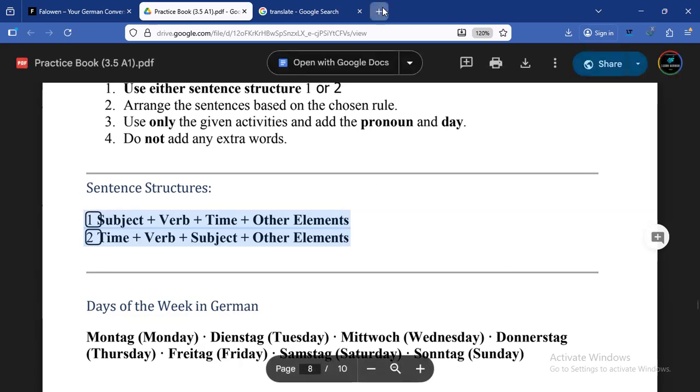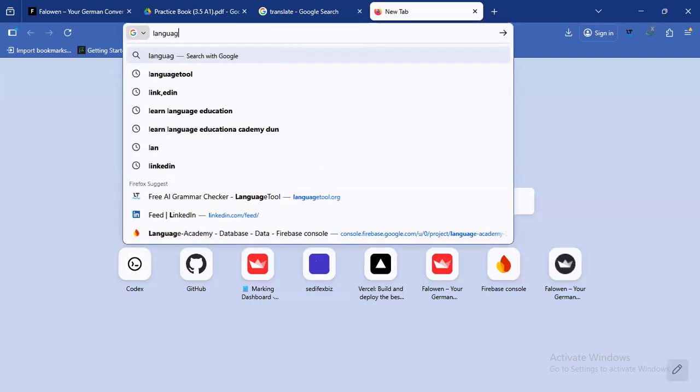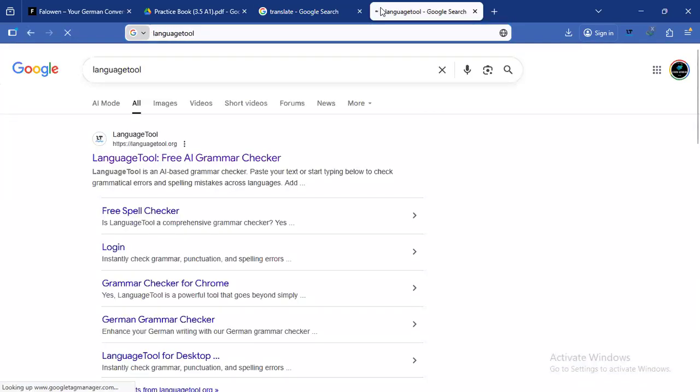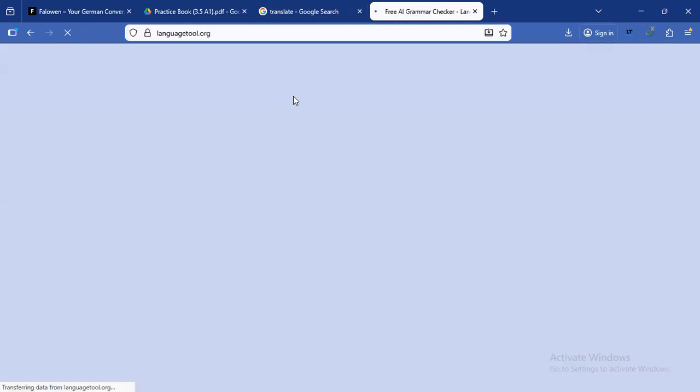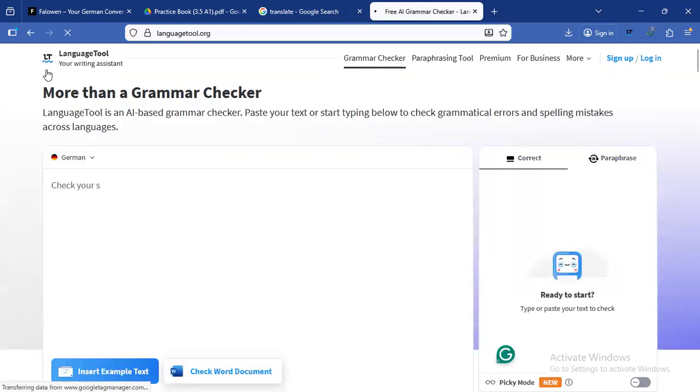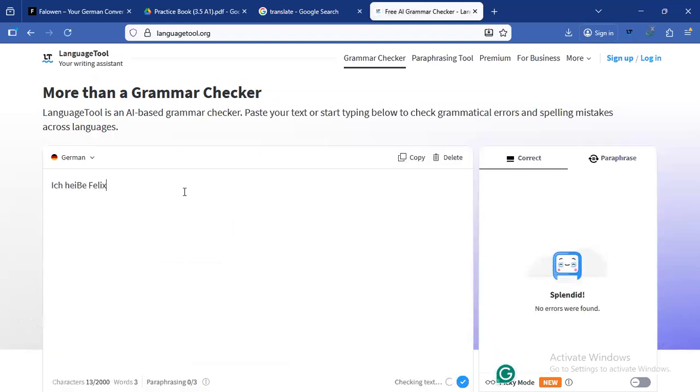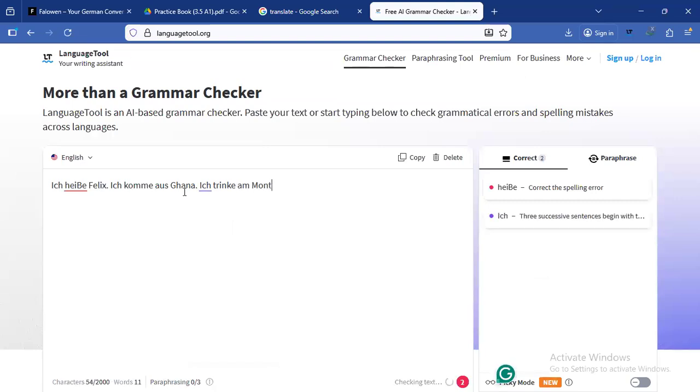So using these two rules, let me do an example. Let's take it like I say, Ich heiße Felix, ich komme aus Ghana. Ich trinke am Montag Kaffee and ich kaufe am Freitag Reis.